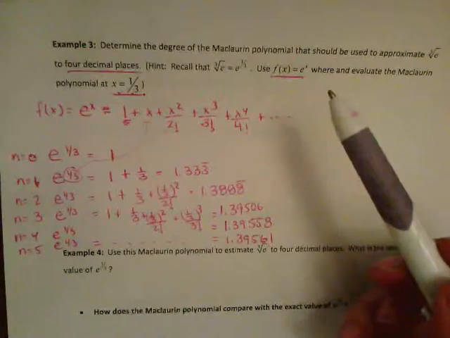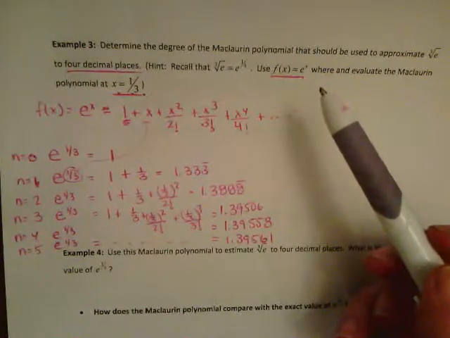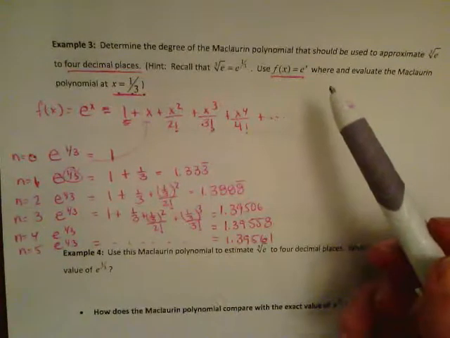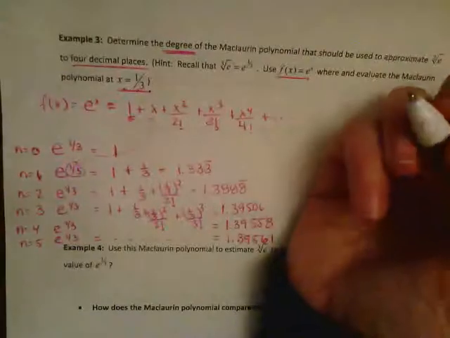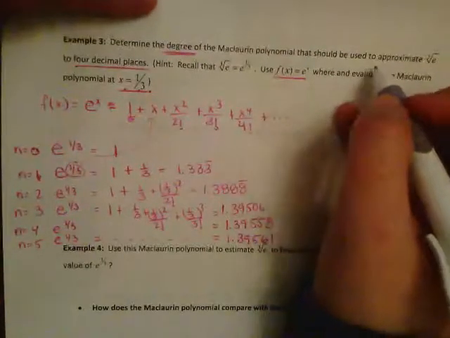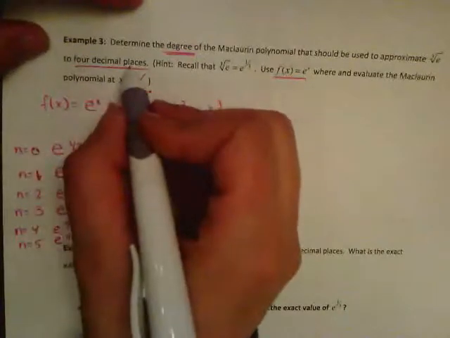So the idea is, what are they asking? Okay, so the idea is determine the degree. So we want to figure out how far out we are going to go of the Maclaurin polynomial that should be used to approximate this to 4 decimal places.